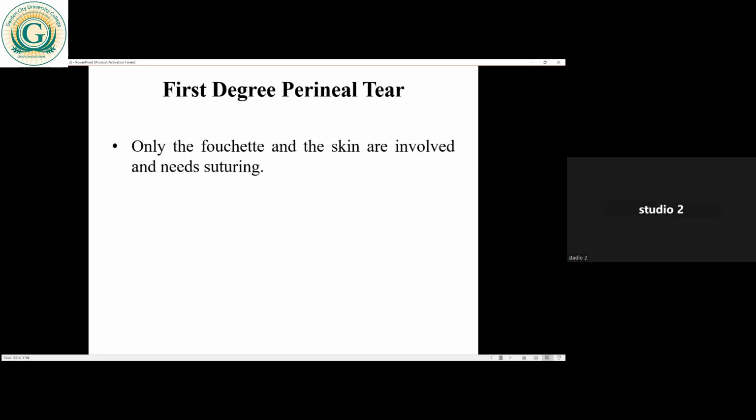You inspect the vulva, and you see that only the fourchette and the skin are torn. This is not a big problem at all. We don't suture it. Normally, the advice is that when you go home, you sit in warm water.